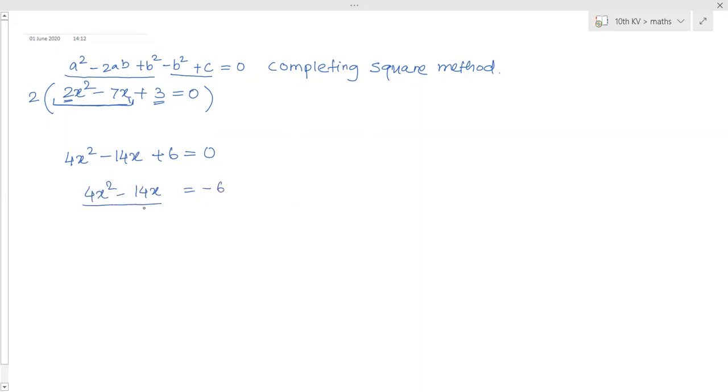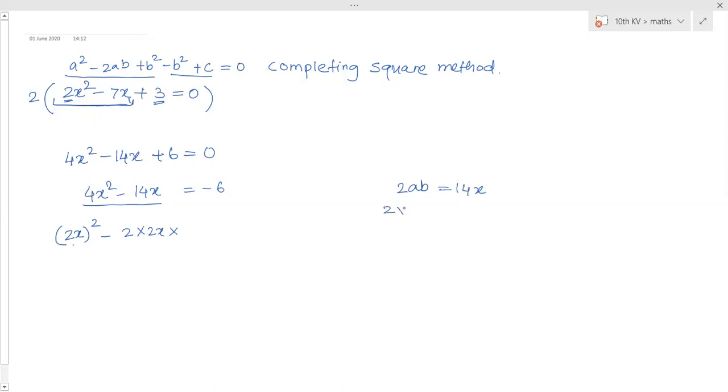Now this is in the form of a square minus 2ab. So a is 2x, whole square, minus 2ab. What is left out? You have to find the value of b separately. 2ab is equal to 14x.